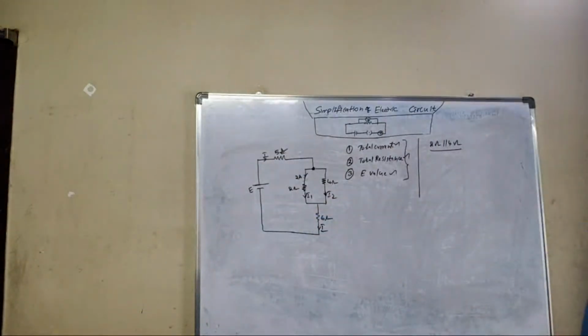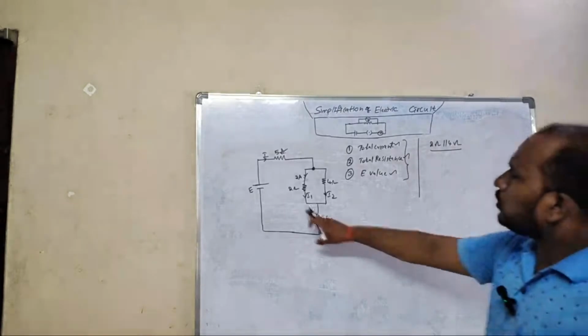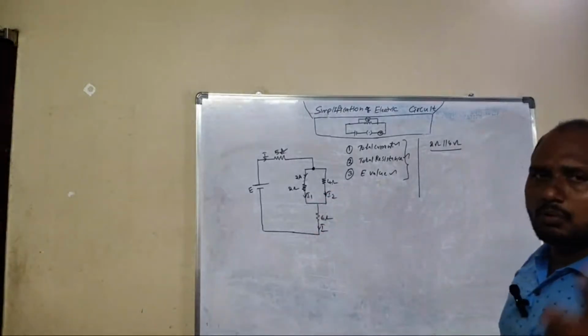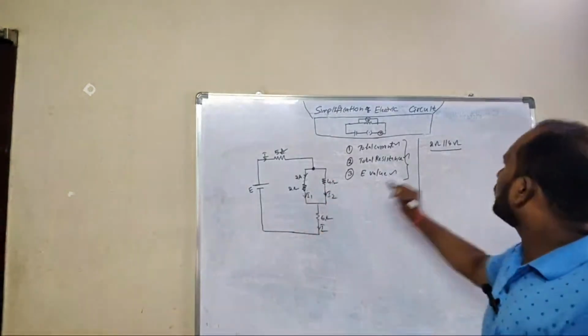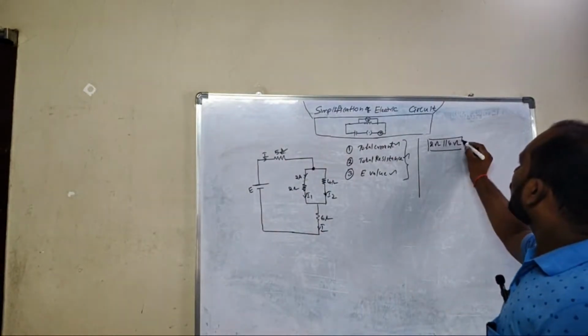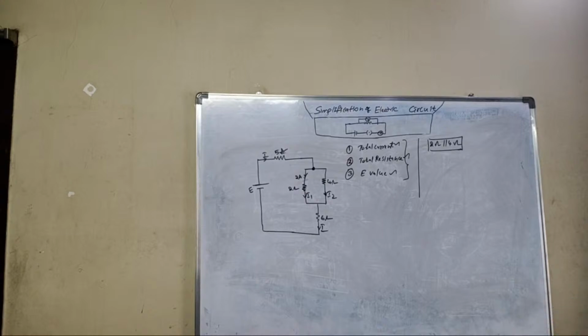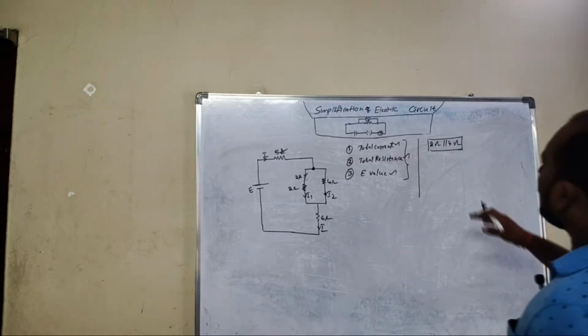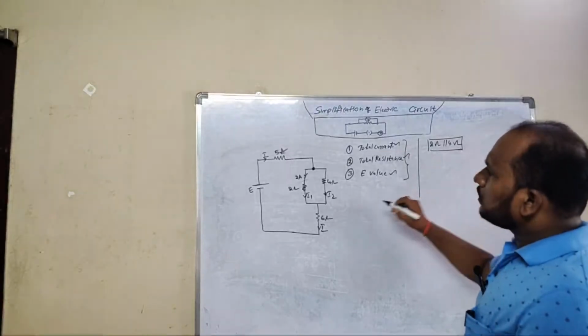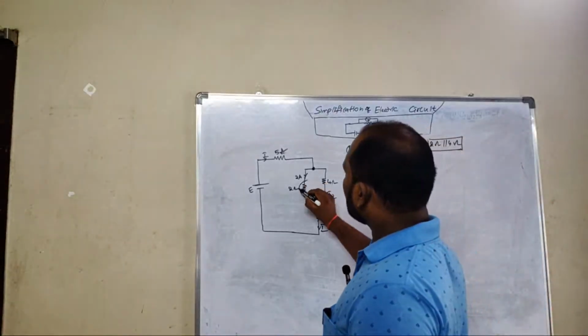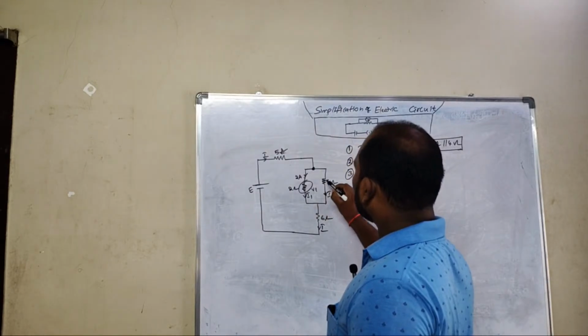So the question is, what is the relation between 2 ohms and 4 ohms? That is very, very important, guys. 2 ohms and 4 ohms have different currents. So when you have different currents in a circuit, obviously the resistors are connected in parallel only. When two resistors are in parallel, the potential drops at the resistors are equal.